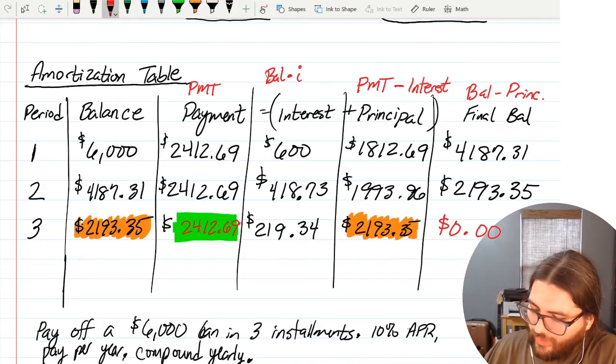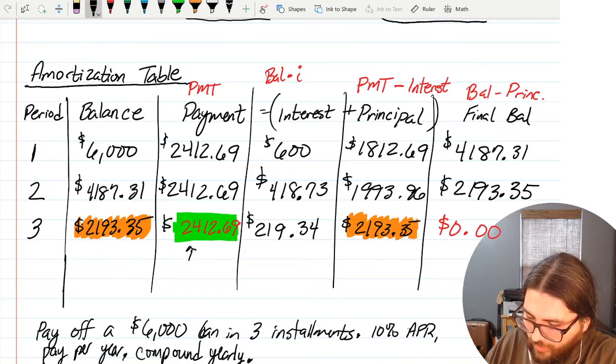But always calculate it at the very end. And so this last payment is always calculated differently.